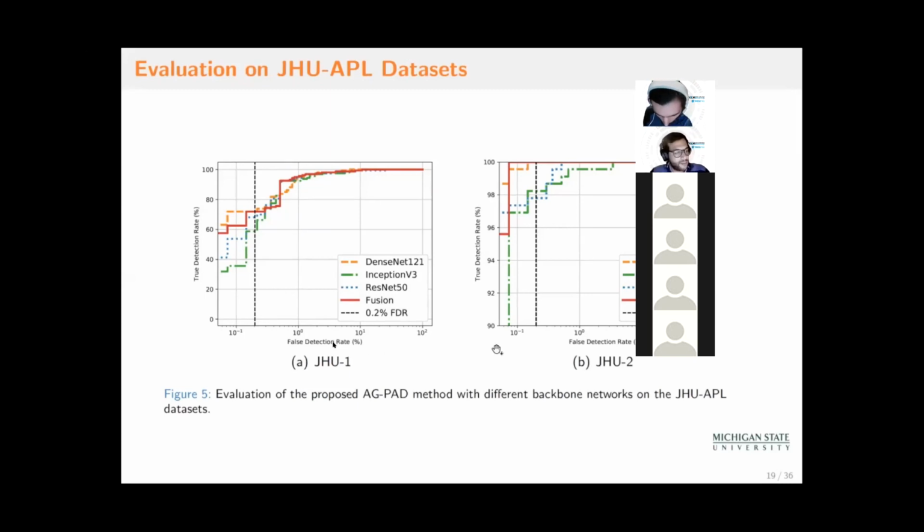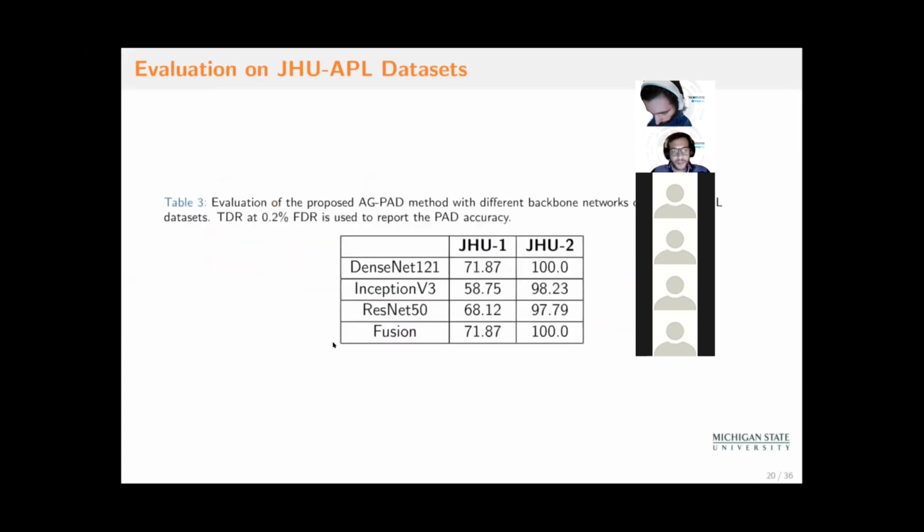Especially on JHU2, the fusion results give the best performance. So here is our table of results. With the DenseNet backbone network, we obtain 100% accuracy on JHU2, but we only have about 72% accuracy on JHU1. That means JHU1 is much more challenging compared to JHU2.